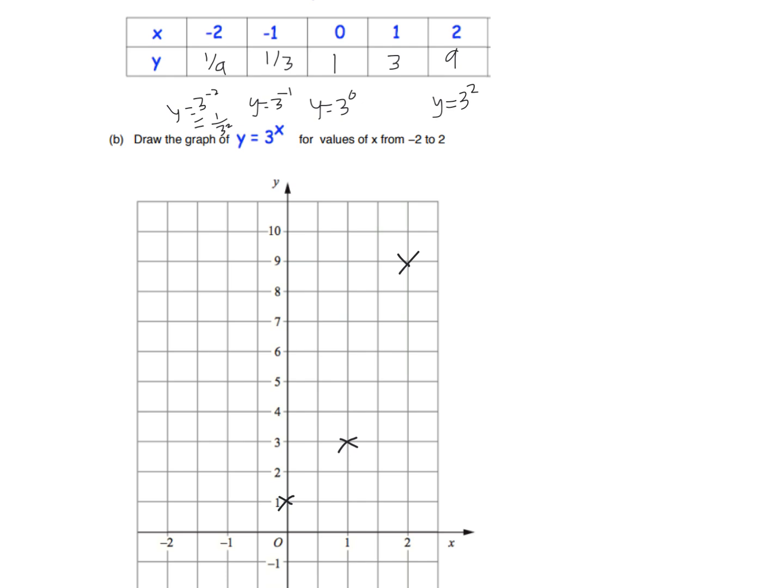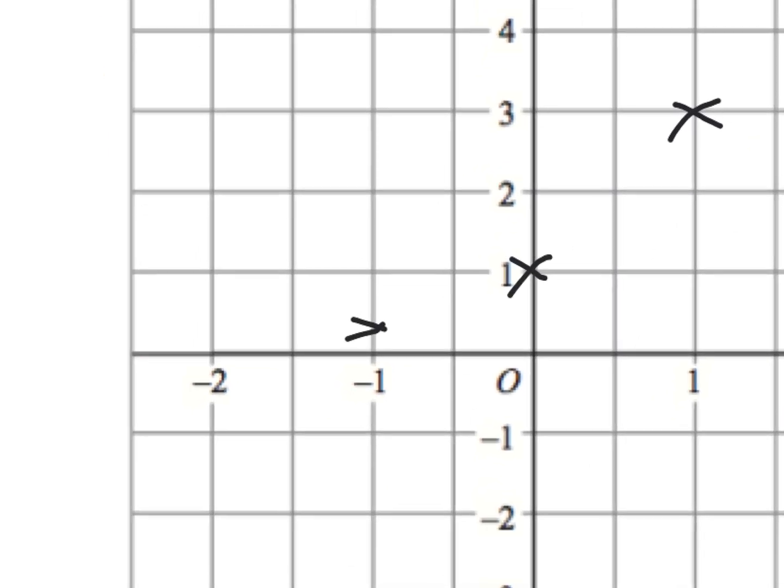Now here we're going to have to just be as accurate as we can be, but it's going to be rough enough. When x is minus 1, y is 1/3, so 1/3 of the way up that would be about there. It's maybe a little bit high. And then when x is minus 2, y is 1/9, so very small indeed, 1/3 of that size, so about there.